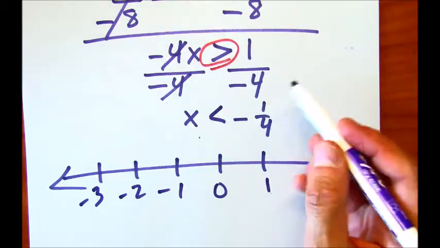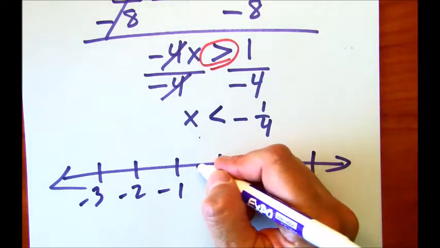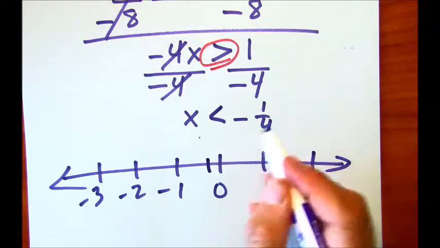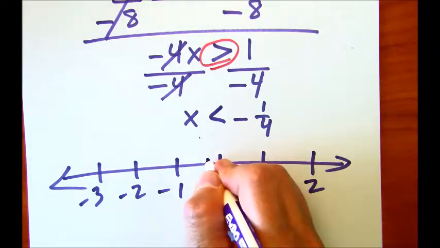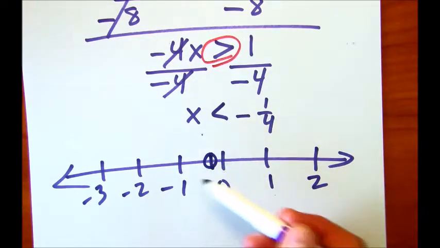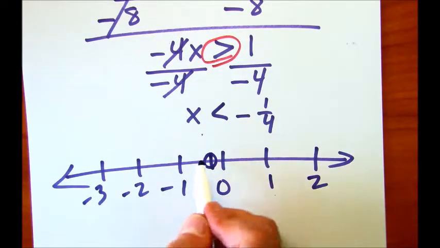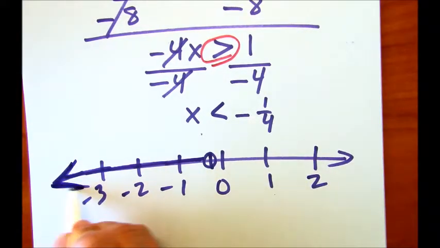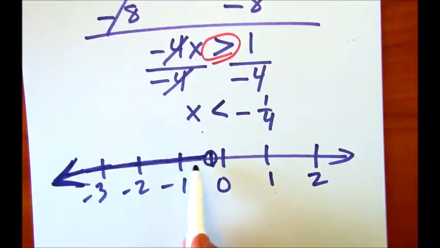So less than negative 1/4, I'm going to say it's probably around here. And because this is less than, I'm going to make an open circle, and x is less than, so I'm going to go to the left. Darken that line and the arrowhead also. And any of these numbers are possible solutions for this inequality.